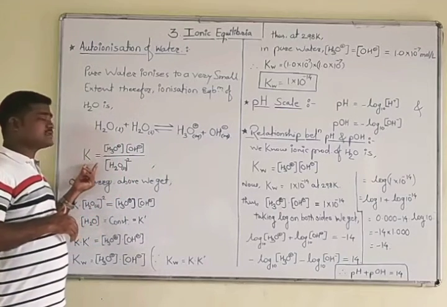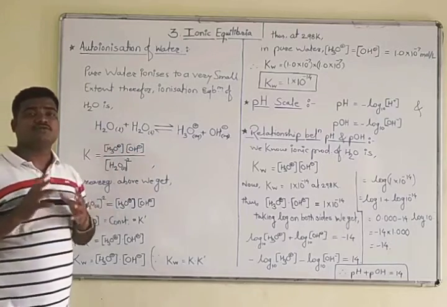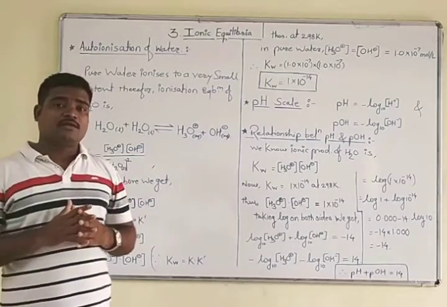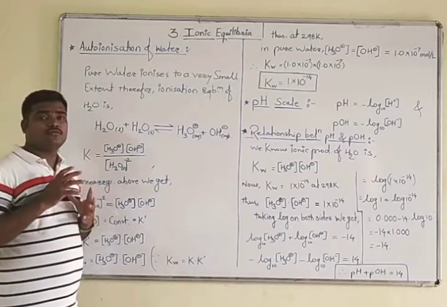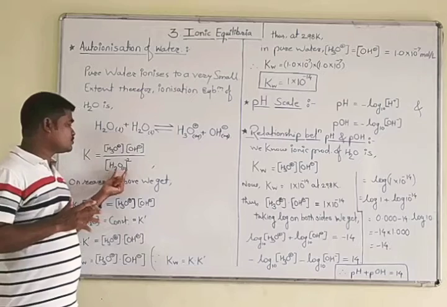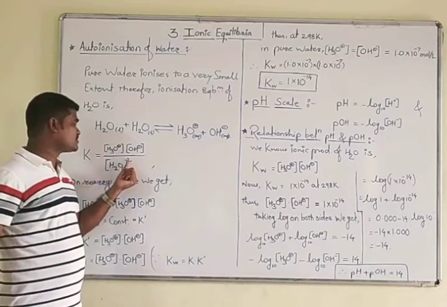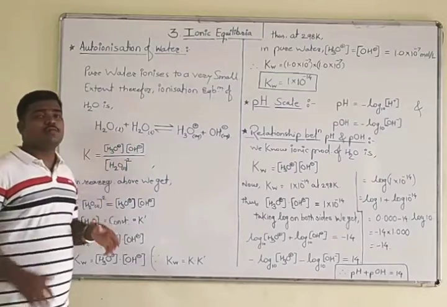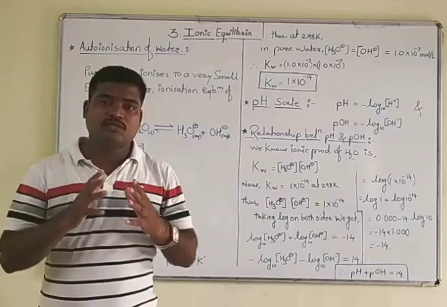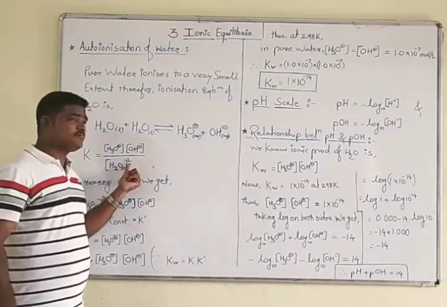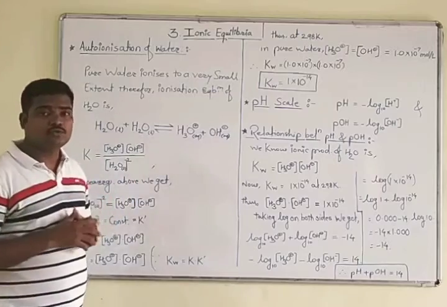K is equal to the concentration of hydronium ion and the concentration of hydroxide ion divided by the concentration of water, that is [H2O] squared. Why squared? Because the number of molecules in this equilibrium equation is 2, therefore this value becomes a power.